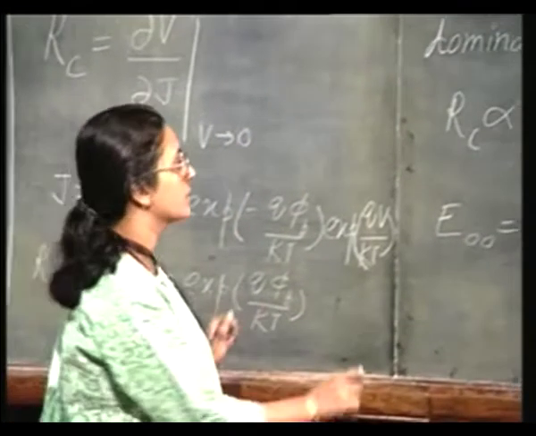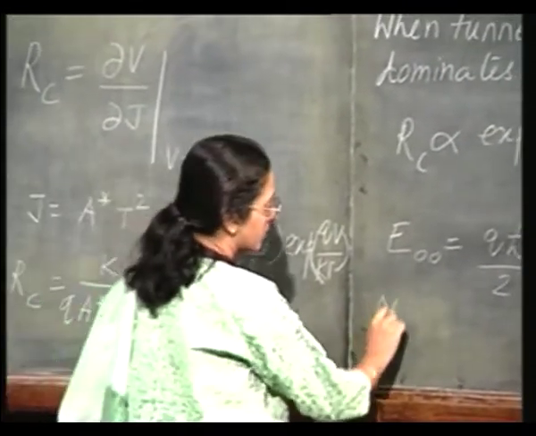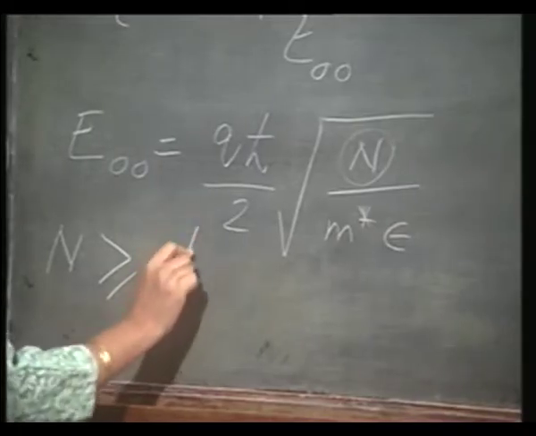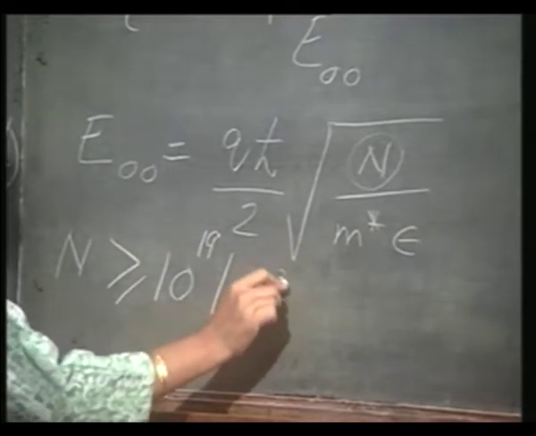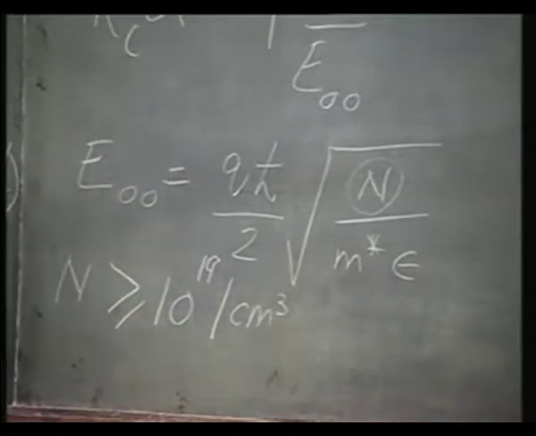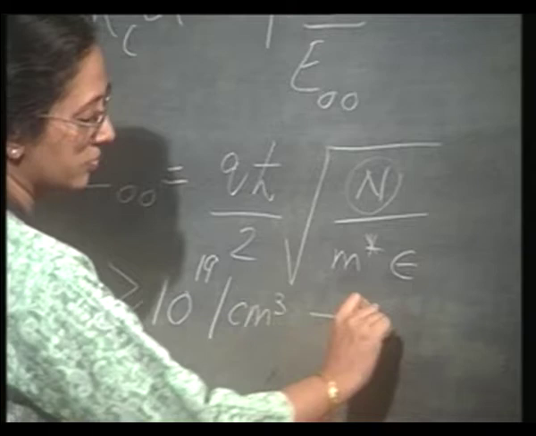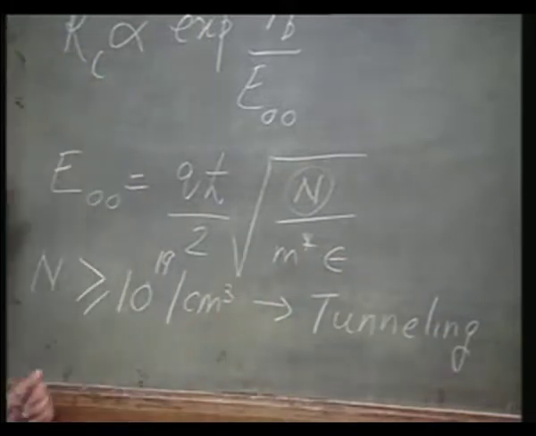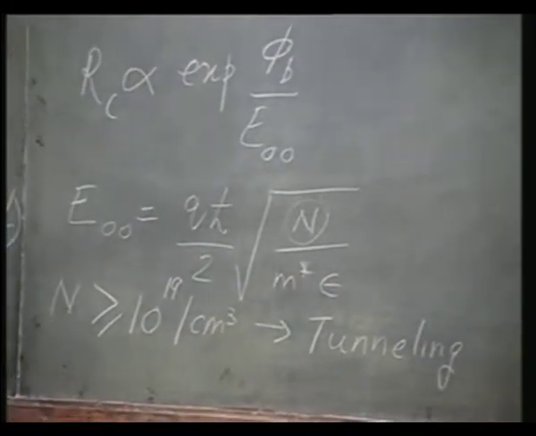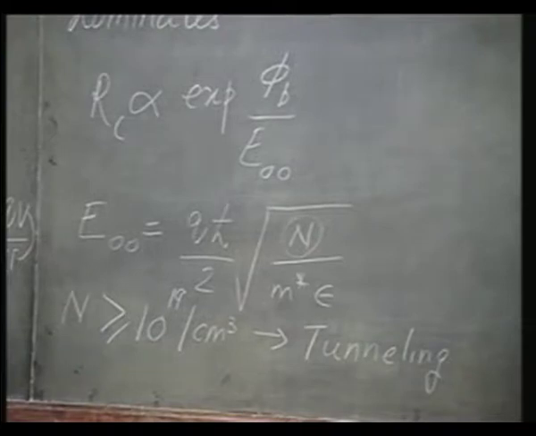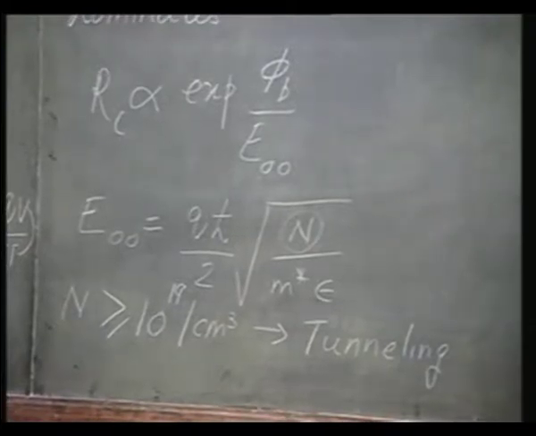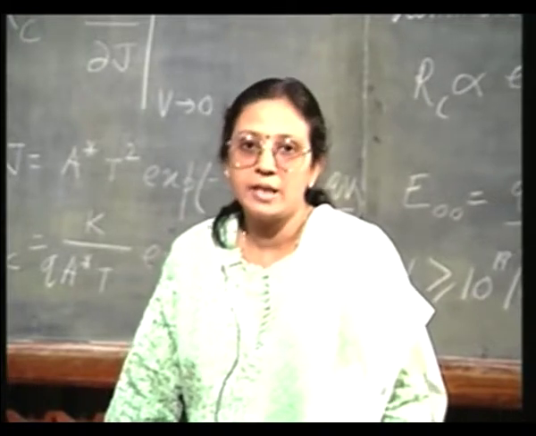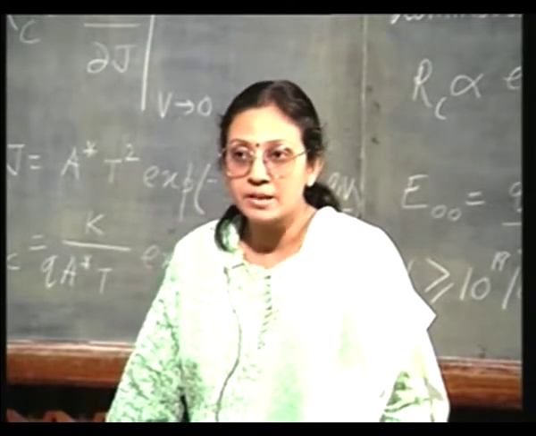So, usually we say that when n is greater than 10^19 per cm^3, it is dominated by tunneling, and for n less than 10^19, it is going to be thermionic emission.